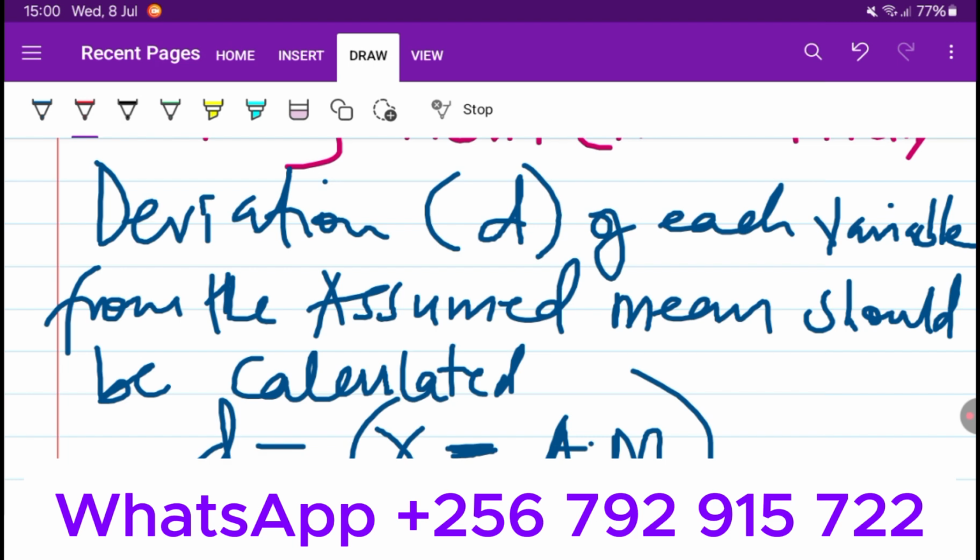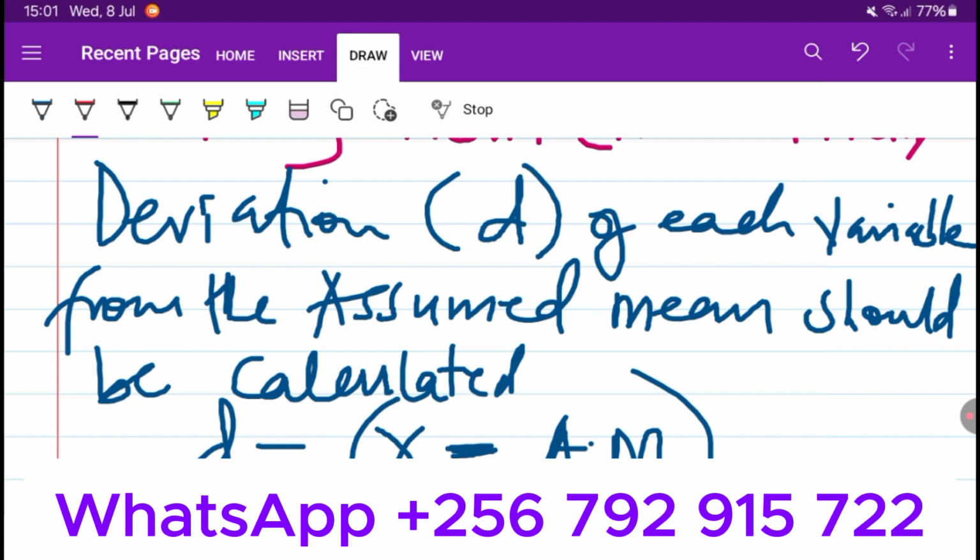So that's why we are saying that the assumed mean can be part of the x values, or it can be outside the x values. It can be among the distribution, or it can be outside the distribution. But now the deviations that we have computed, this d is going to be multiplied by the corresponding frequency.